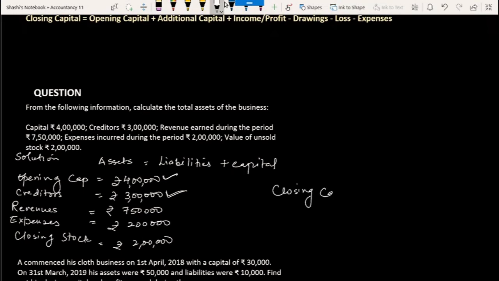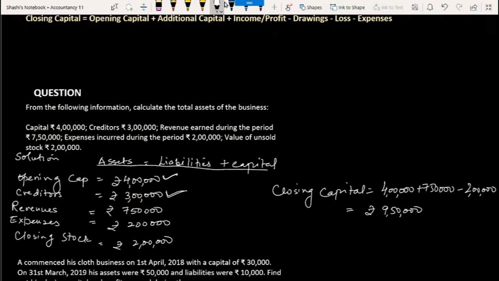Closing capital will be your opening capital, which is 4 lakh, plus the revenues, that is 7,50,000, minus the expenses, which is 2 lakh. So this way we have 9,50,000 as your closing capital. Now to find out assets, we have assets equal to liabilities, liabilities are 3 lakh, plus 9,50,000, which we have just now calculated.